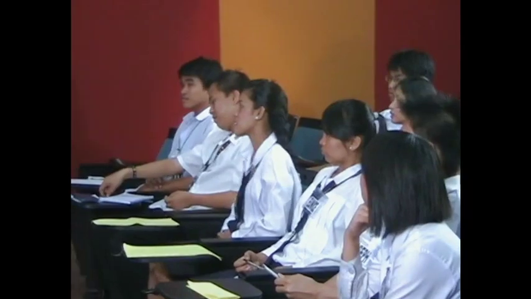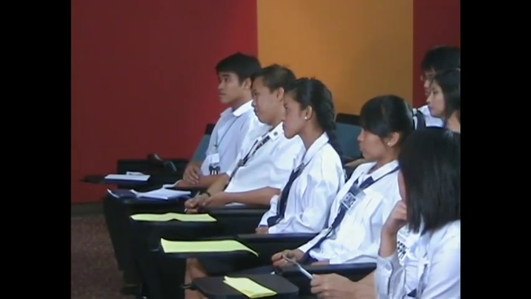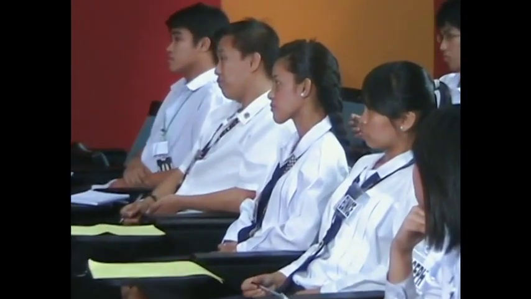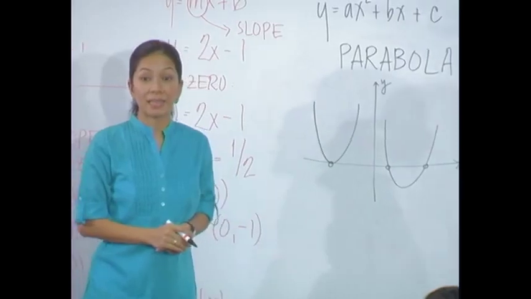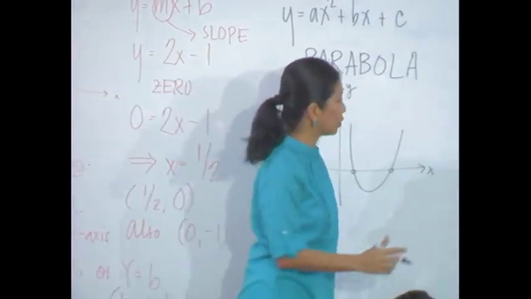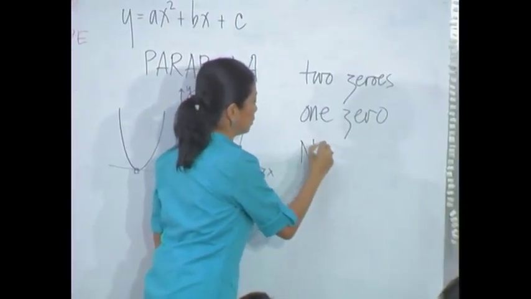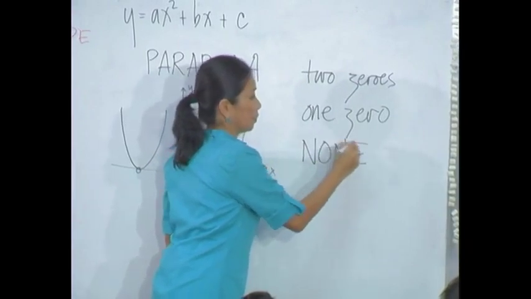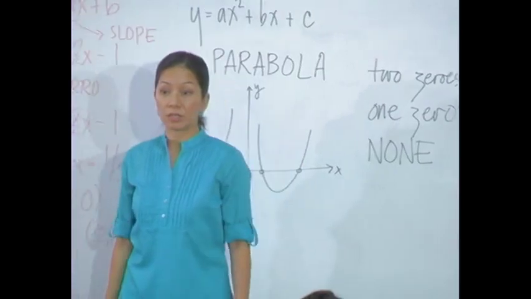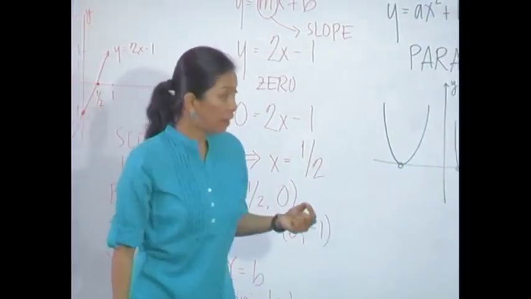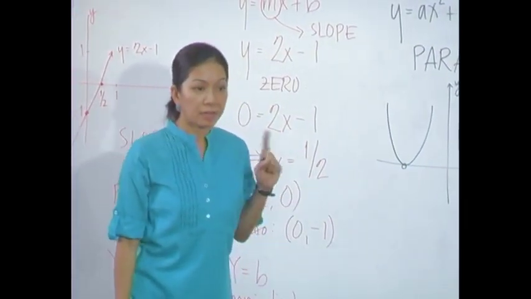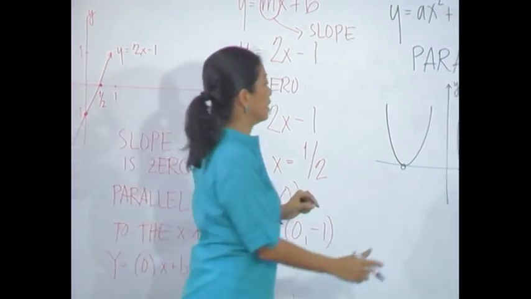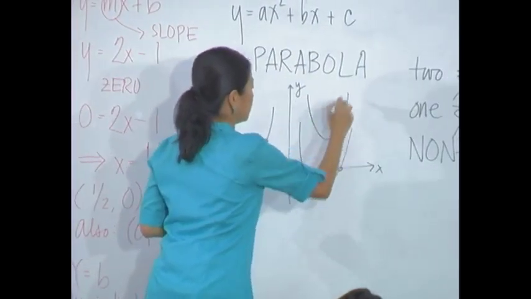Maribeth, the vertex will lie on the x-axis, as so. And then, if your function has no zeros at all, then that should be a clear picture as well. When you graph, the parabola should not hit the x-axis, as so.